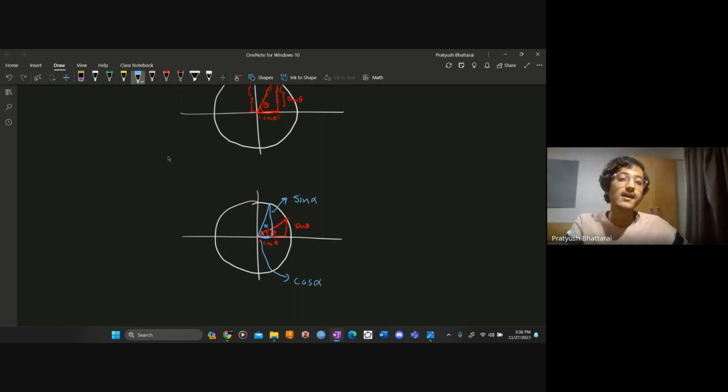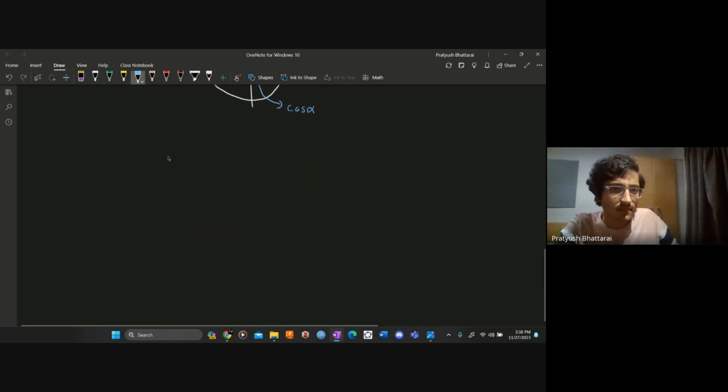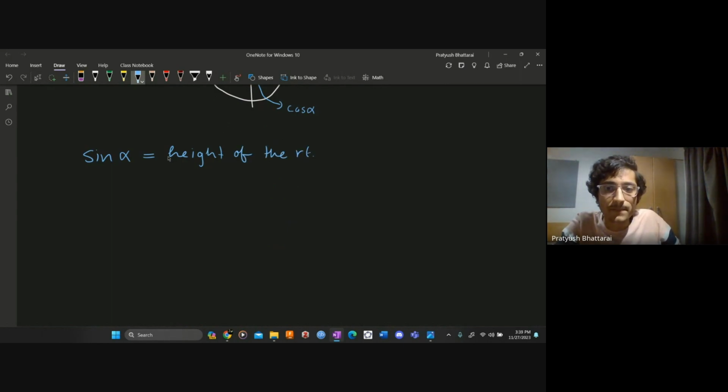So if you think about what sine and cosine represent, sine alpha, for any alpha in general, represents the height of the right triangle, and cos alpha represents the base of the right triangle.